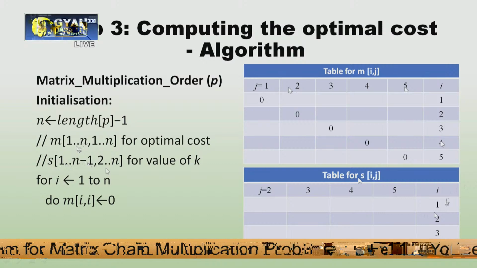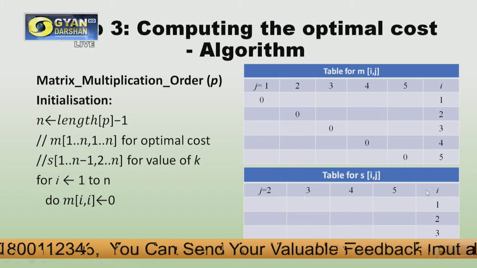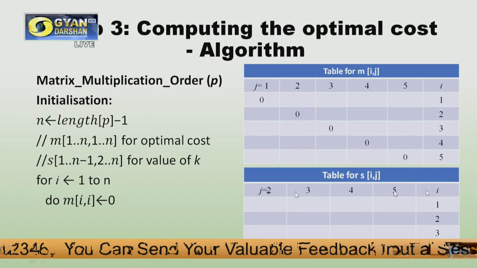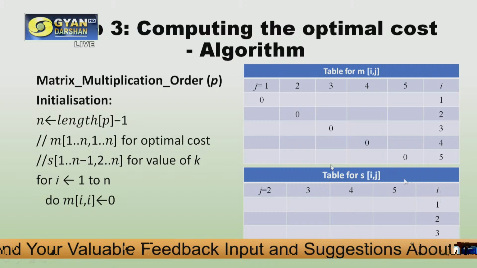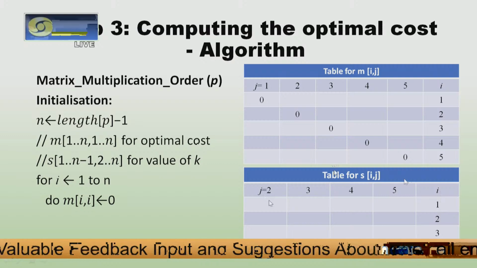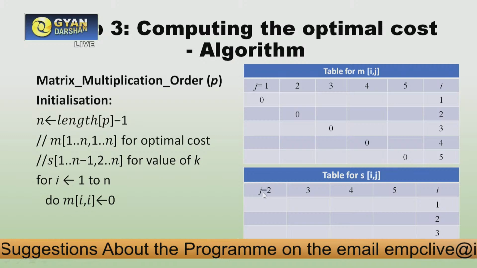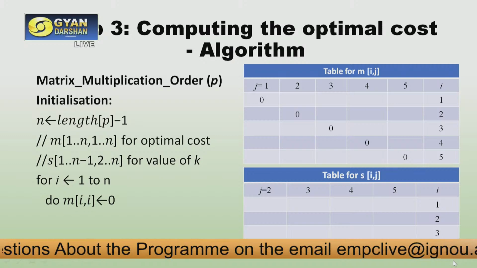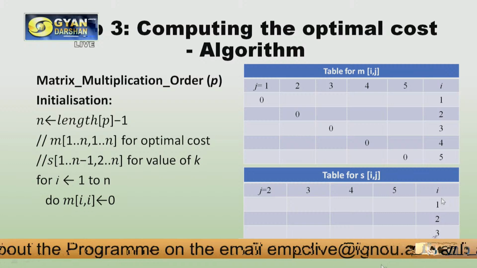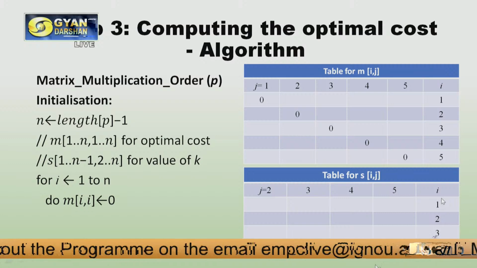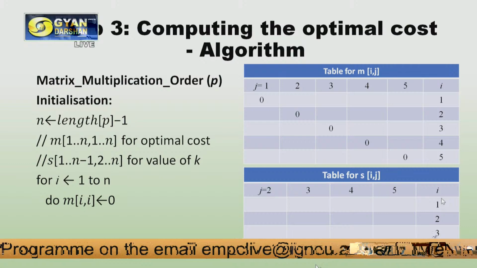N is 5, so N minus 1 is 4. Whereas J starts from 2 to 5. So this is how it looks. Why we start from J equals 2, and why we stop at I equals 4, because of bracketing once again, will become clear as we go along with the computations.